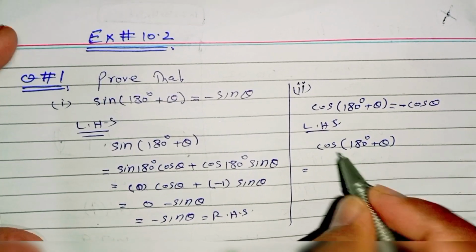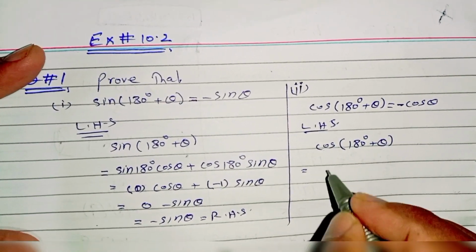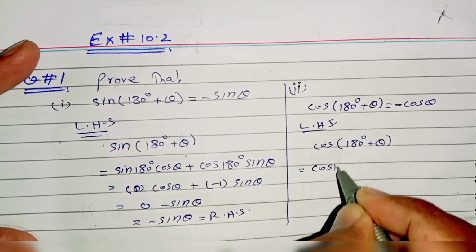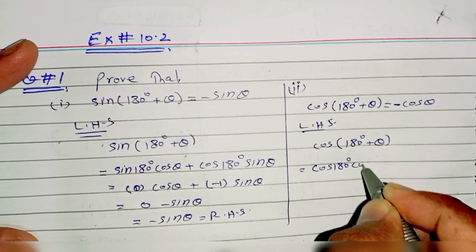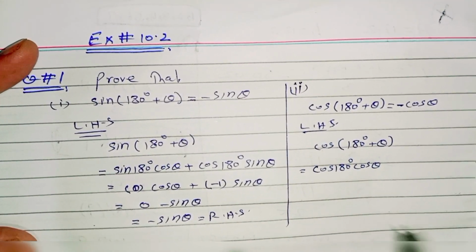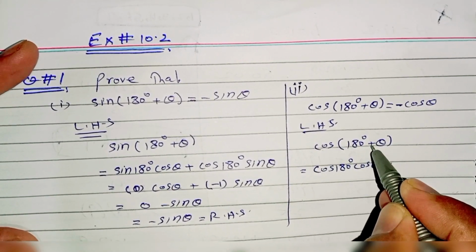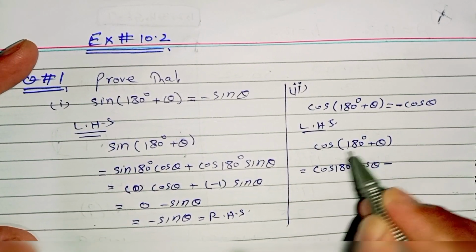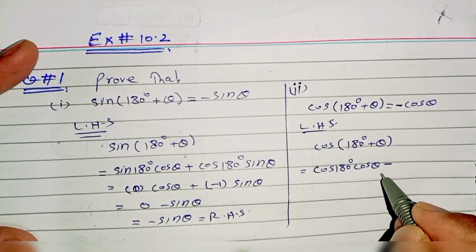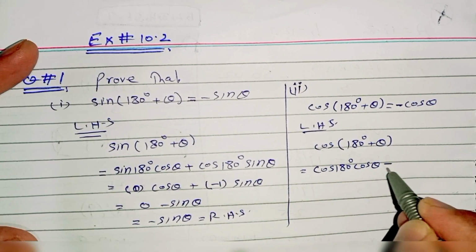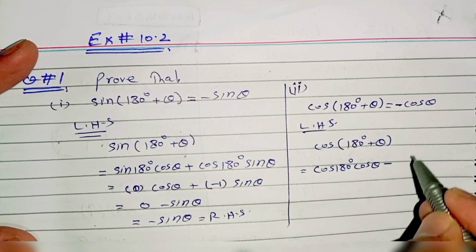By using the formula for cos(alpha plus beta), we have cos 180 degree cos theta minus, because of the change. If there is a positive sign between the angles, then by using the formula for cos(alpha plus beta), we have a negative sign between the trigonometric functions.